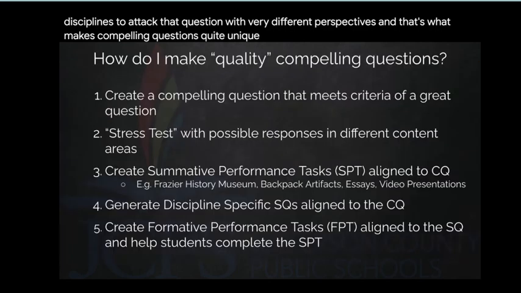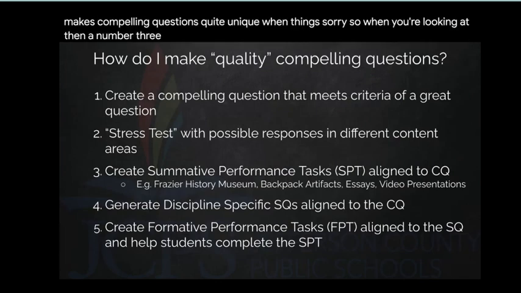Go back one, please. Sorry. So when you're looking at number 3, create a summative performance task that aligns to the compelling question. This is where you're creating your ultimate product. What do you want students to be able to do after they've investigated all these different supporting questions?